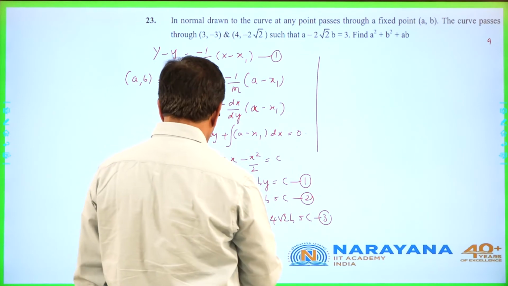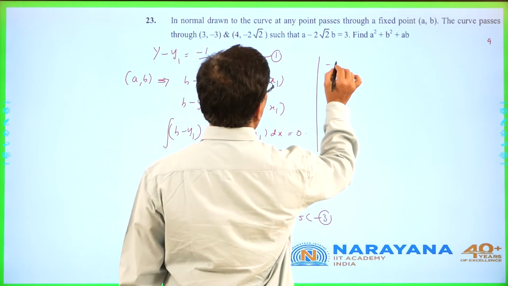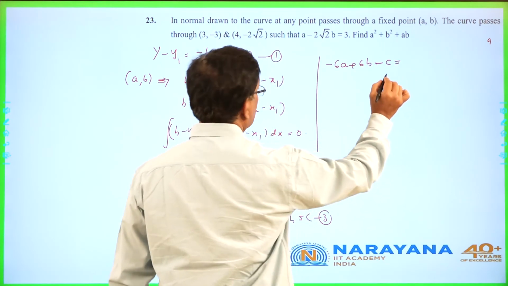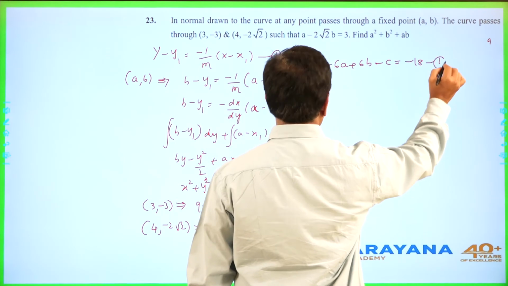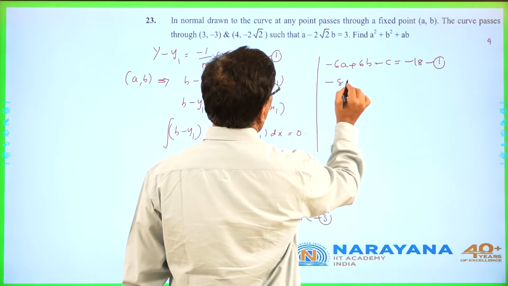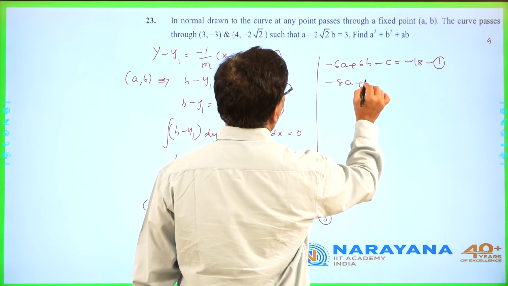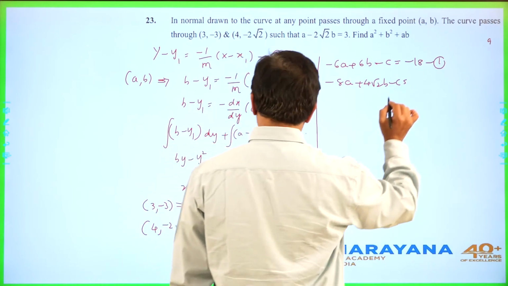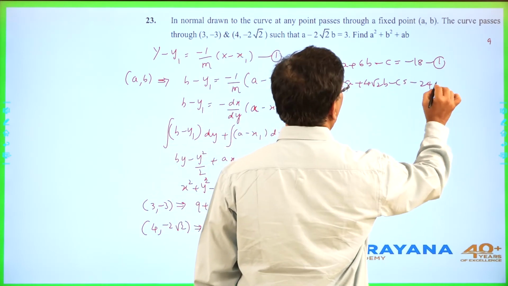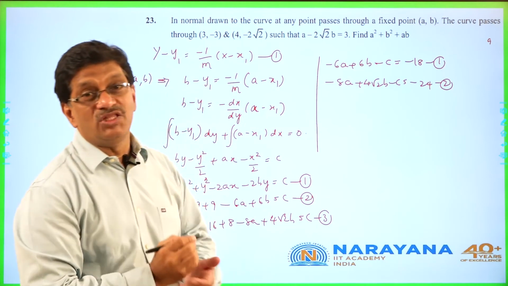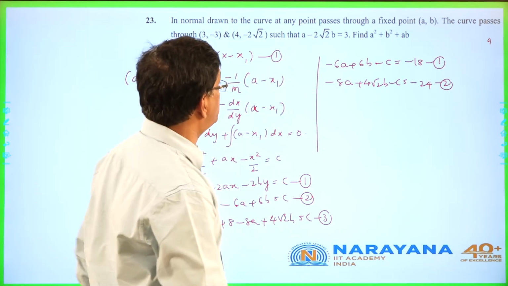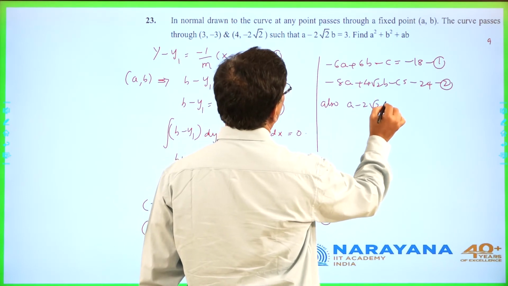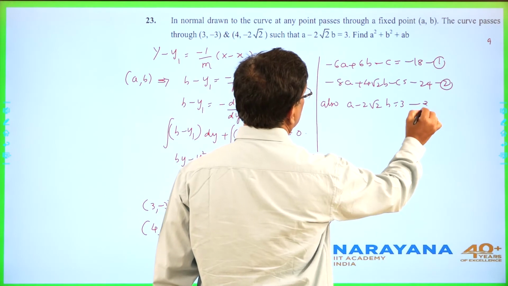So what is equation number 1? Minus 6a plus 6b minus c is equal to minus 18. Second equation, minus 8a plus 4 root 2 b minus c is equal to minus 24. 3 unknowns, we need 3 equations. That is the reason he has given one more: a minus 2 root 2 b equal to 3.